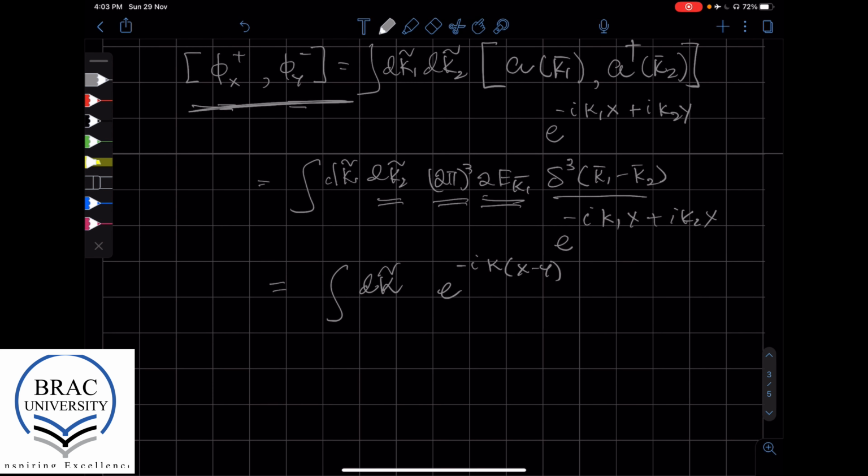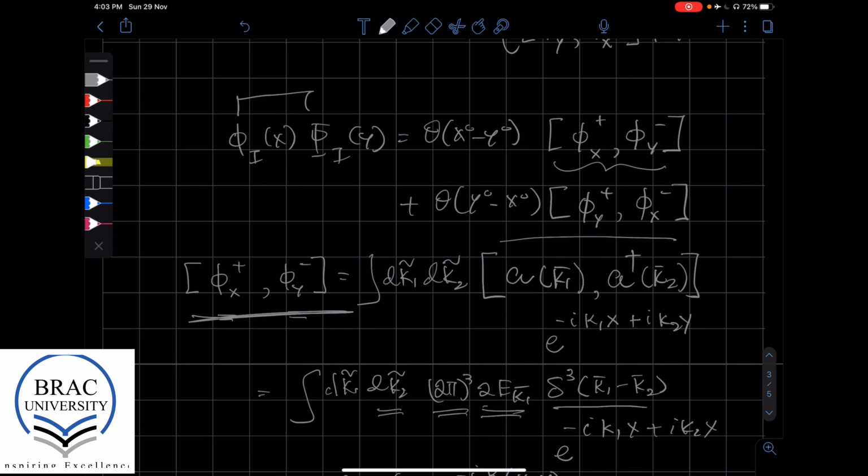On the other hand, if I look at phi(y)+ and phi(x)-, it's easy to show by a similar calculation that it's the integral of d^3k e to the power minus i k (y minus x).